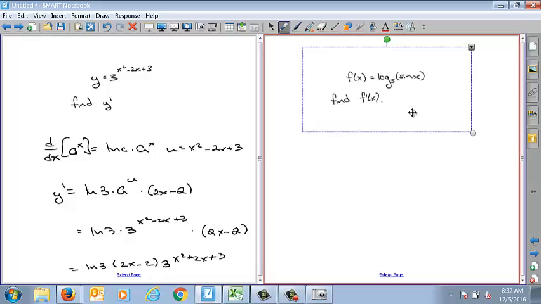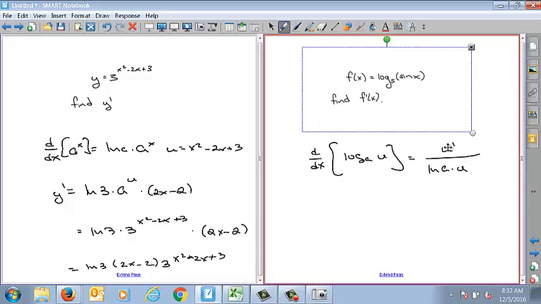I'm going to write this out because this is what I give you a copy of, or you have it already. If you look in the book, you've got the derivative of the log to the base a of u is equal to u prime divided by the natural log of a times u.